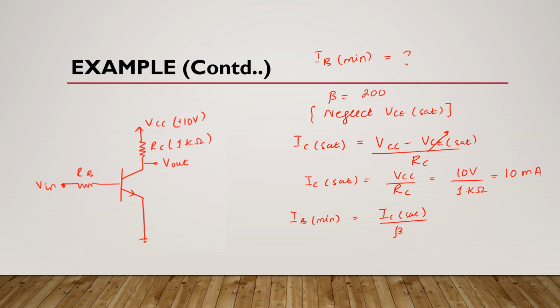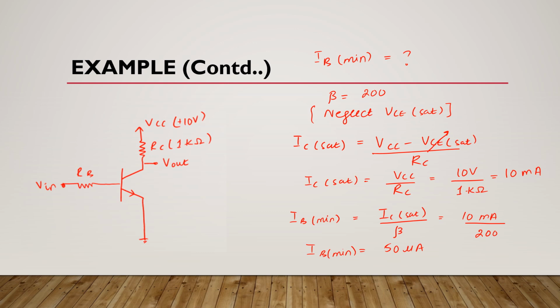It means here we have 10 milliamperes divided by 200. After solving this, you will get 50 microamperes. This is the minimum value of base current.